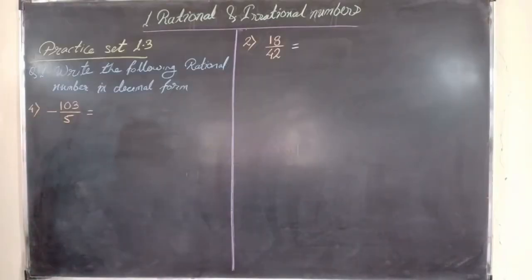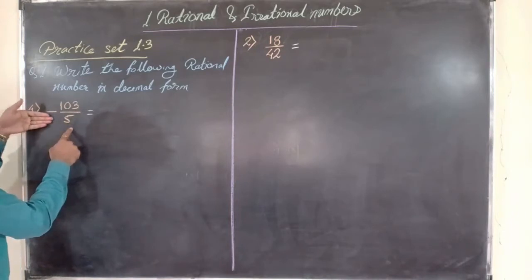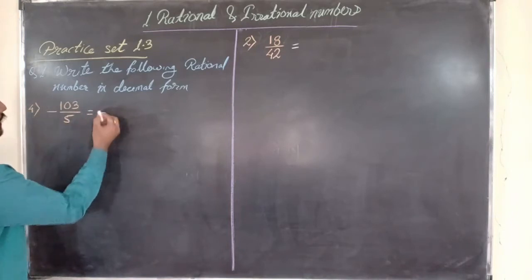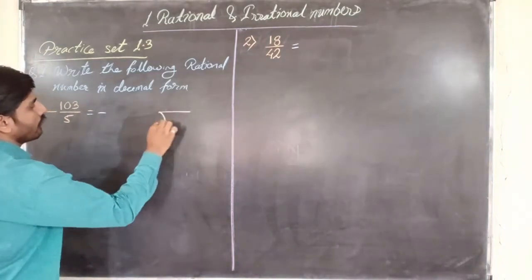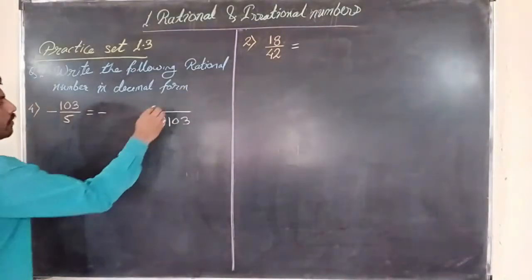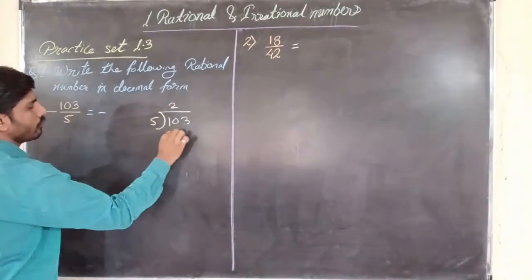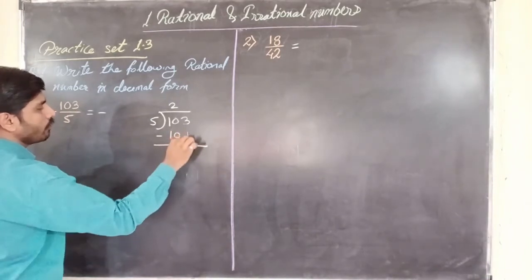In this example, we are going to divide 103 by 5, but the number is negative, so we will keep this negative sign as it is, and we will directly divide 103 by 5. So 5 twos are 10, remainder is 0.